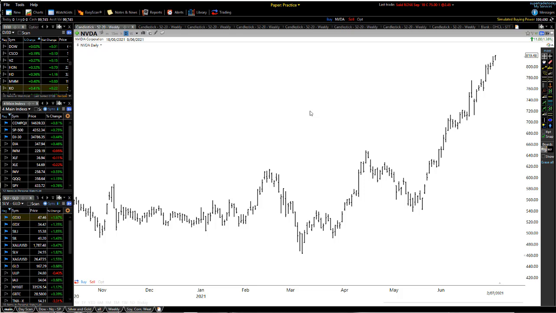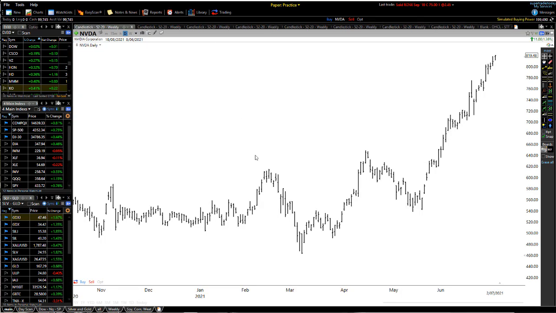So what I look for in the markets is good trend analysis. One of the tools that I use to see if there's a lot of good momentum behind a particular stock I'm looking at is the Fibonacci tool.